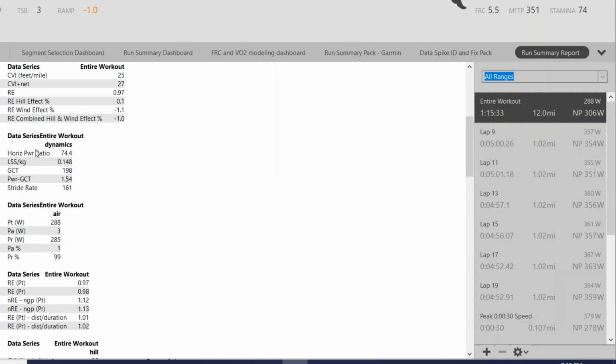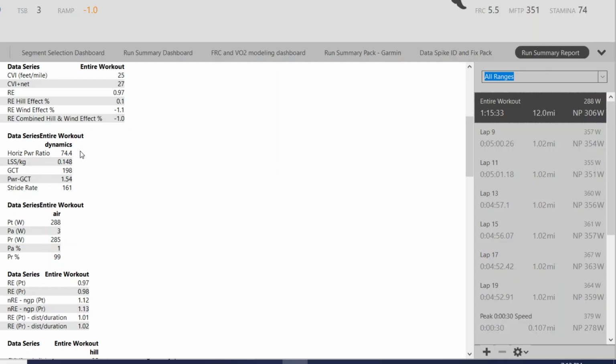I like following horizontal power ratio because it's telling me the percentage of power that's being directed horizontally, moving the athlete forward. Form power ratio, like I said, is the complement. So that's in this case about 25.6%.